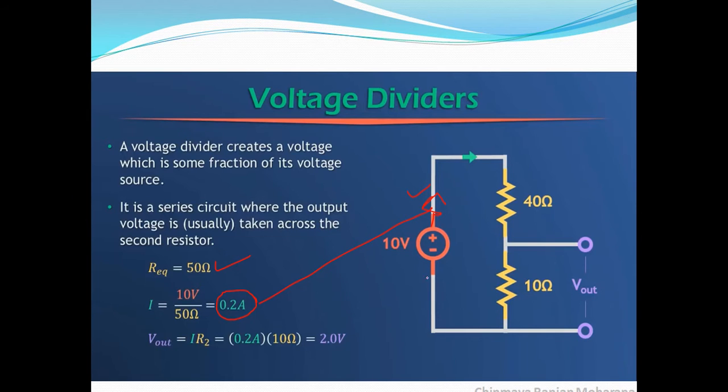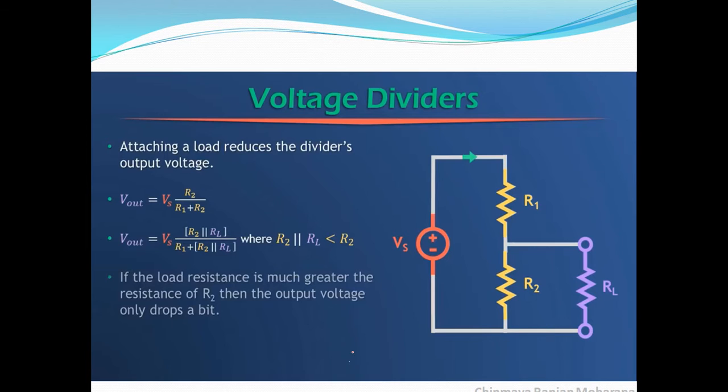Clear? Next one is V out, means we have to calculate how much voltage is across the 10 ohm resistance. That means our voltage is 0.2 ampere into 10 ohm equals 2 volts. Means here we are supplying 10 volts, but across this resistor we are achieving 2 volts. Okay, then this is the formula.